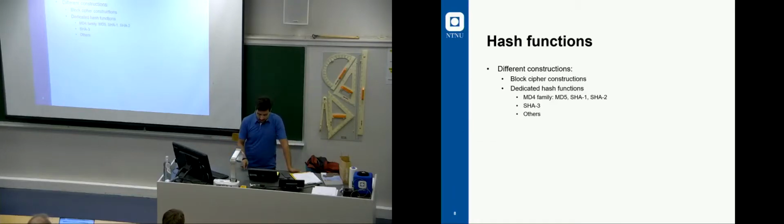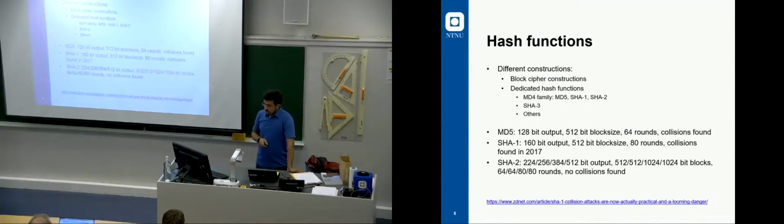MD5 has an output of 128 bits. This is the specification of MD5, SHA-1 and SHA-2. It comes with a 512-bit block size with 64 rounds. We will see what those rounds are. Then a collision has been found on MD5, so it is not secure anymore.